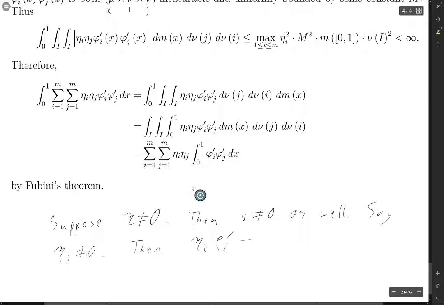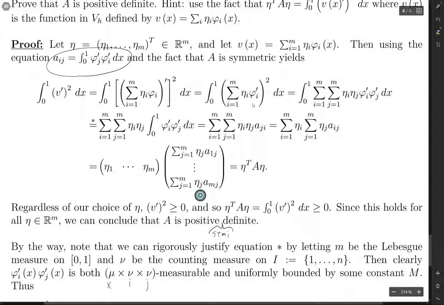Basically this is not going to be 0 because phi prime is non-zero on those two intervals where the slopes are being accounted for. Okay, so eta I phi prime is not 0.